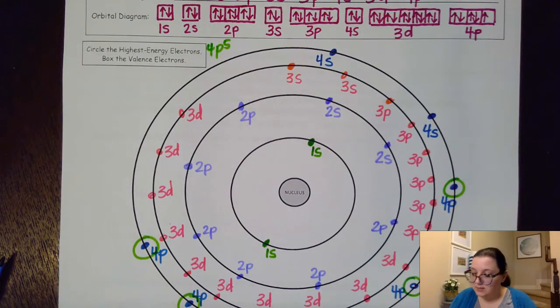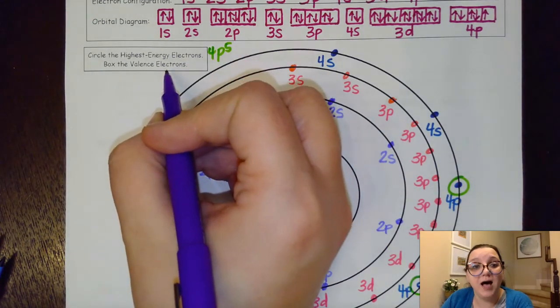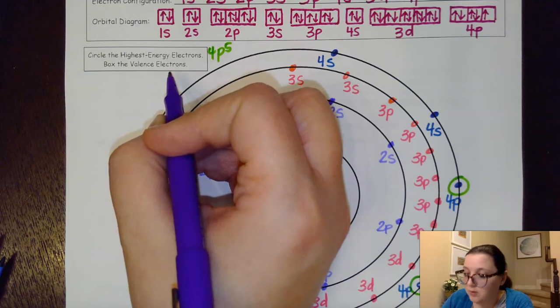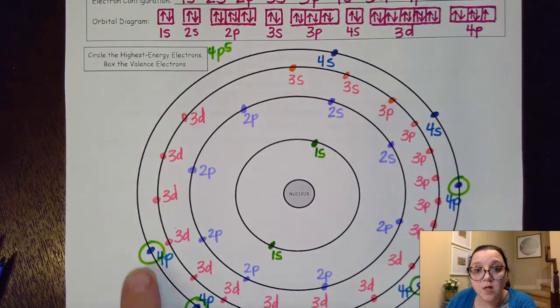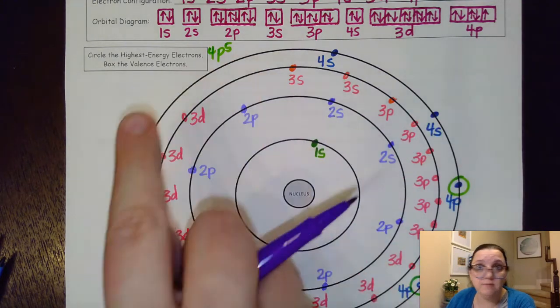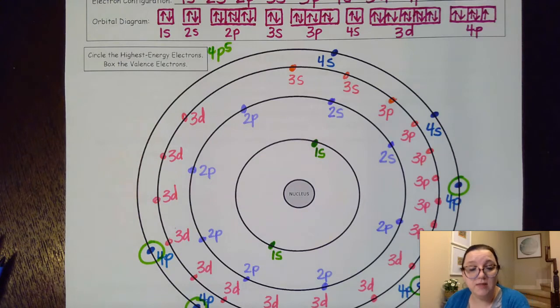Now, the next question asks us to box the valence electrons. Here's where this gets a little bit interesting. The valence electrons, remember, are on the highest energy level number. Here, anything on the outermost ring that I filled in are technically the valence. They are literally on the outermost energy level.